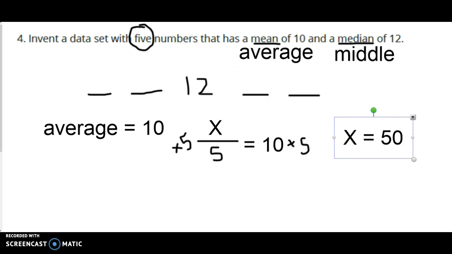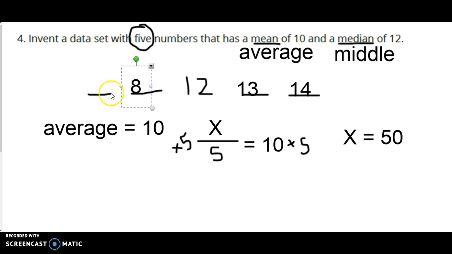Now x is the sum of all 5 of my numbers. So I know that when I add up my values, no matter what they are, they have to add up to 50. I'm going to start on this side and go above 12 first. So let's say above 12 I could have 13 and I could have 14. And then below 12 I could have 8.